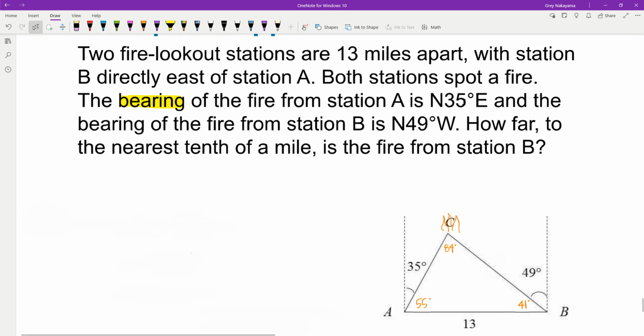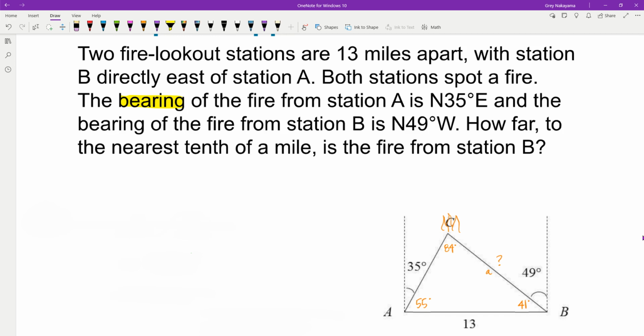The question says, how far to the nearest tenth of a mile is the fire from station B? So they're asking me for this right here, which in my little triangle means is little a. So you can write the extended proportion if you want, but I do have a pair.